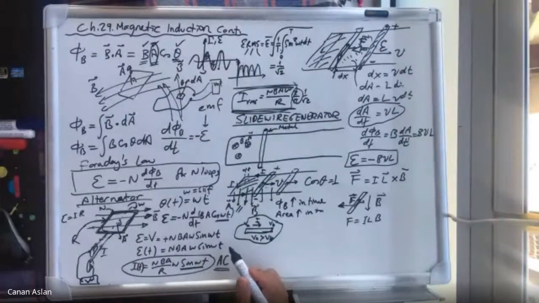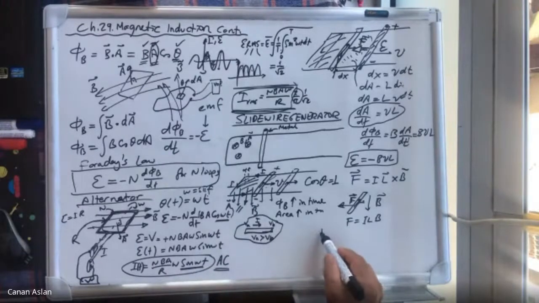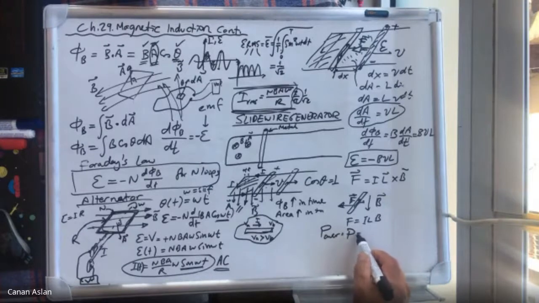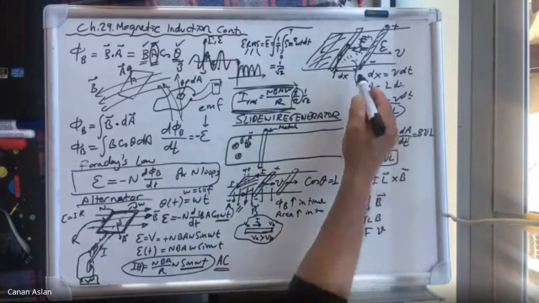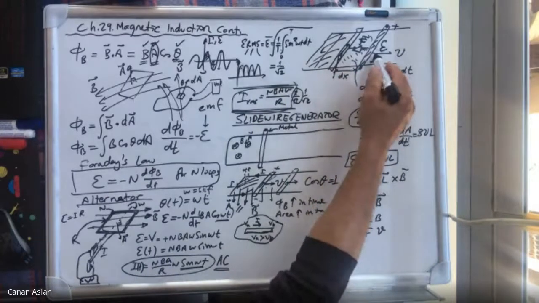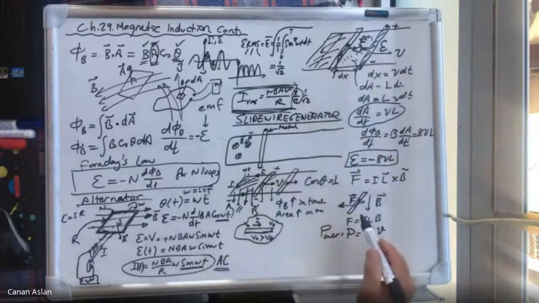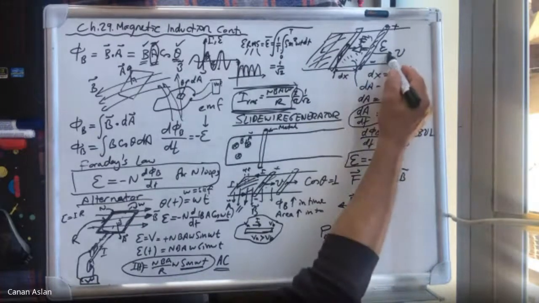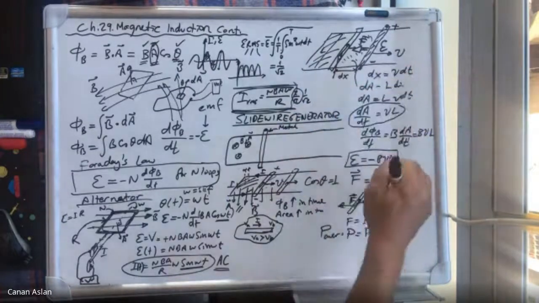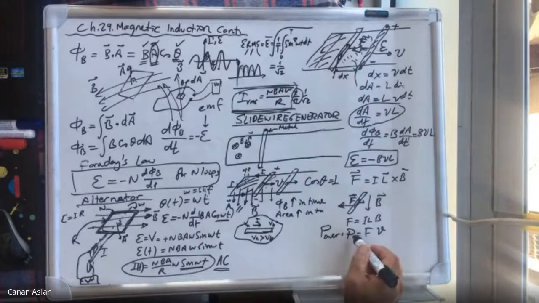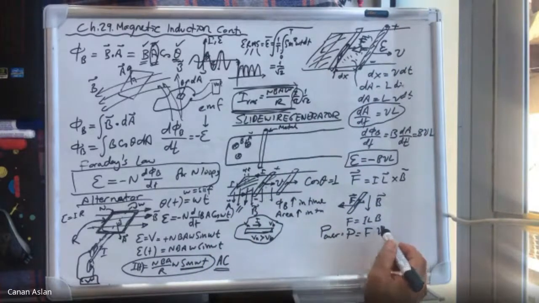So how do you find the power that you apply? How do you find that? So P is just this force times velocity, because if there is a force and the thing is moving with v, and the force is opposing our motion or pulling direction, then this is the power that you have to exert on the system.